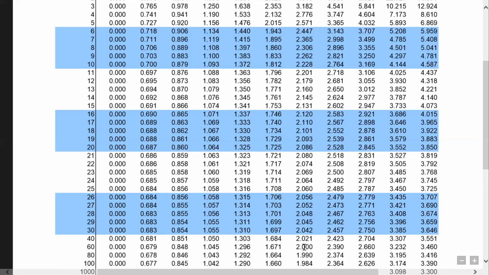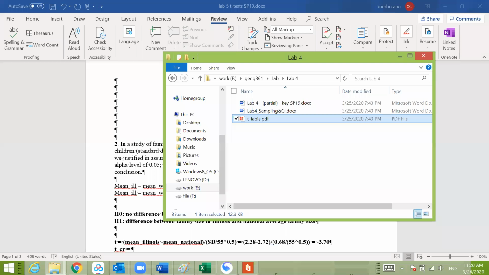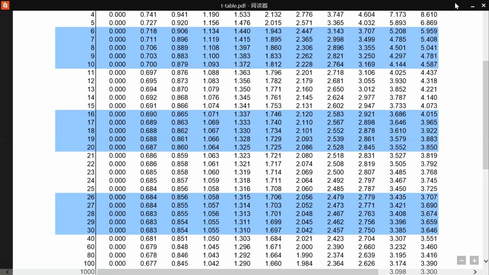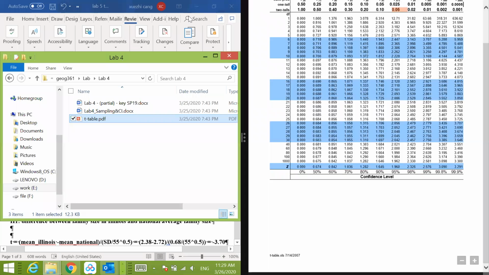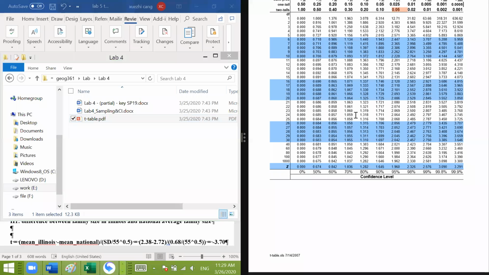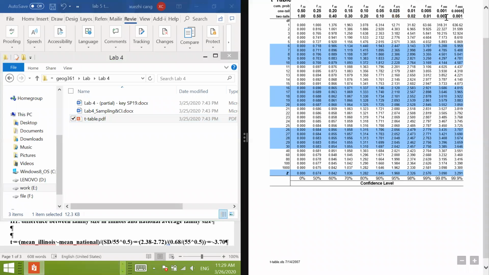Here. Then let's see, could I draw? This value or this value.